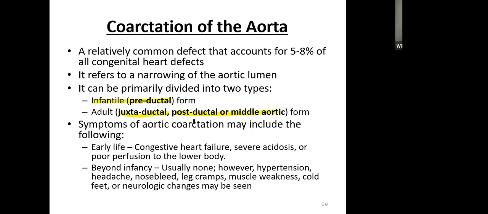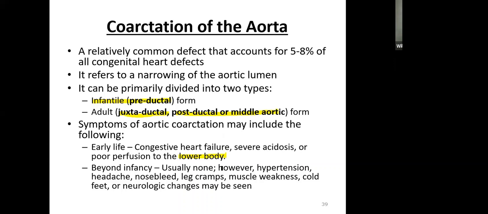The symptoms of coarctation can include early life congestive heart failure, severe acidosis, or poor perfusion to the lower body. So again, this is something, especially within your profession, when you examine patients, so many things that you see in the lower extremities, especially in the region of the foot, give you a very comprehensive guide to the heart health of the patient.